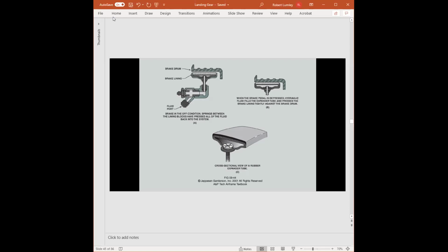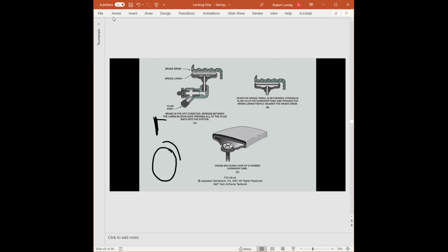So in the early days, really the first brakes on an aircraft were basically taken from a horse and carriage, where here's the wheel and then a block of wood shaped to the tire. A person in the carriage had a handle.